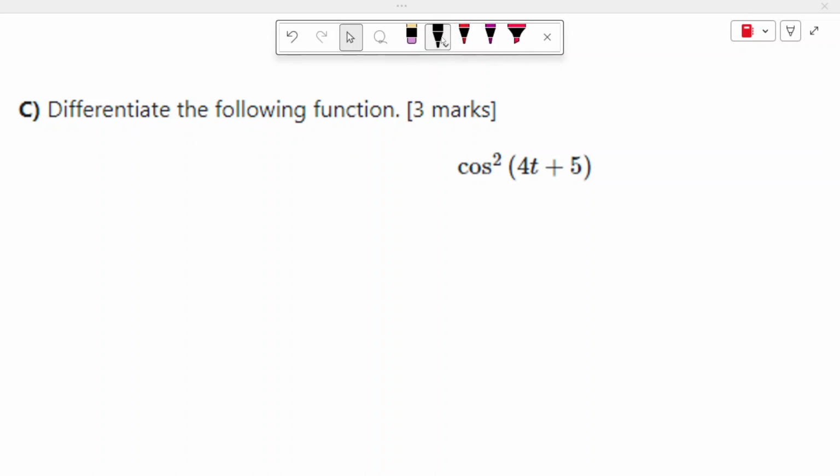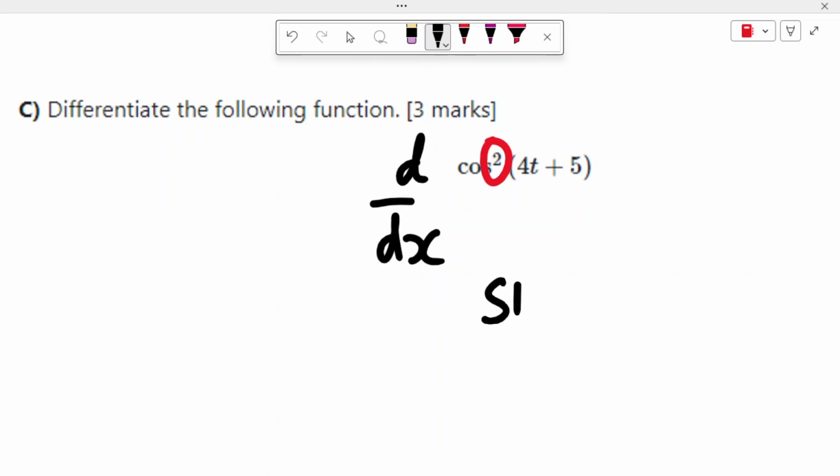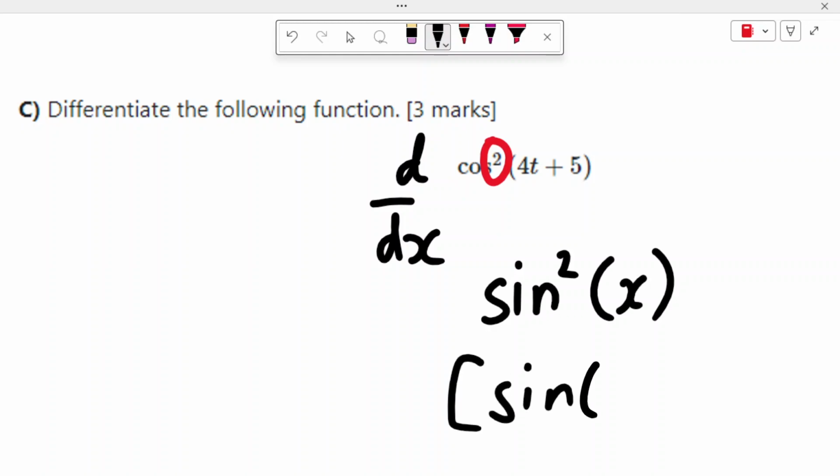So we're being asked to differentiate this following function. Now, what's kind of tricky is that there's this little 2 here. What does that mean? Well, if you have something like sine 2x, another way of writing that is sine x all squared.